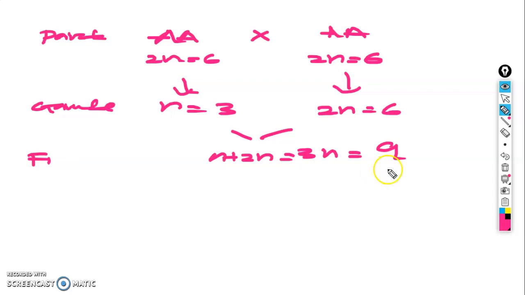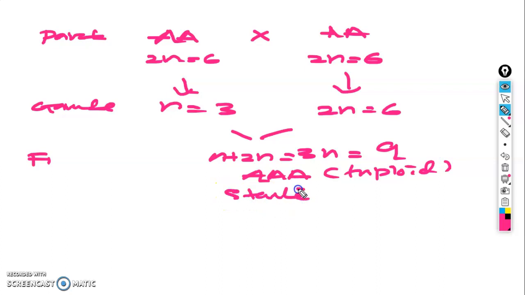Okay, 9 chromosomes. So there is no homologous chromosome, synapsis fails and production of gametes fails, and this individual is called a triploid individual, and this triploid individual is sterile.